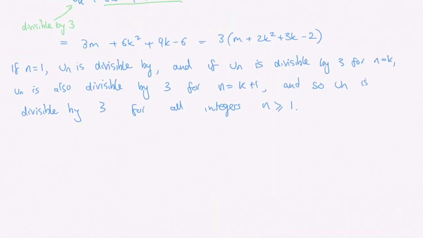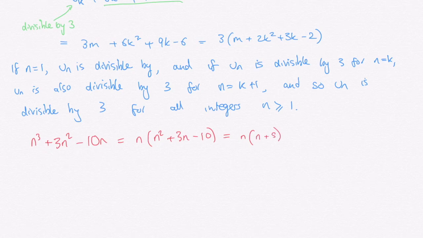So if we take the expression n cubed plus 3n squared minus 10n, we can factorise that firstly by taking a factor of n, and then by factorising that quadratic expression, we get n(n plus 5)(n minus 2). Remember here that n is an integer. So we want to show this is divisible by 3.